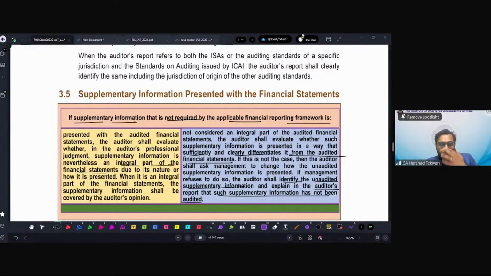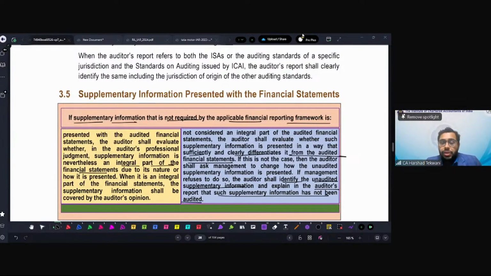Okay. So I'll tell you, when you have this kind of supplementary information presented like it appears to be audited information, and management does not separate it from the audited financial statement, in that case you are required to state that this is unaudited supplementary information.